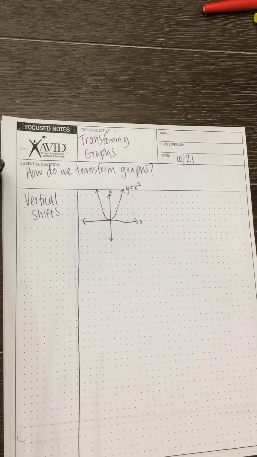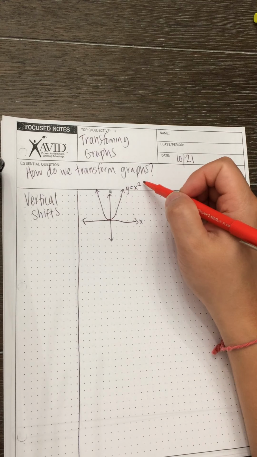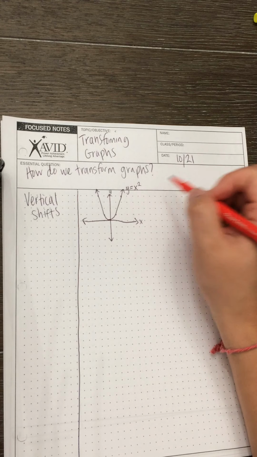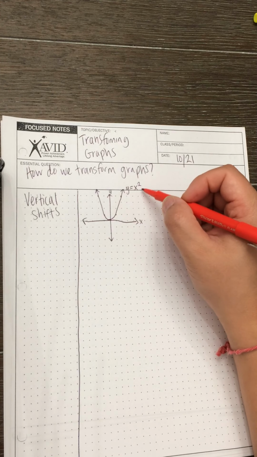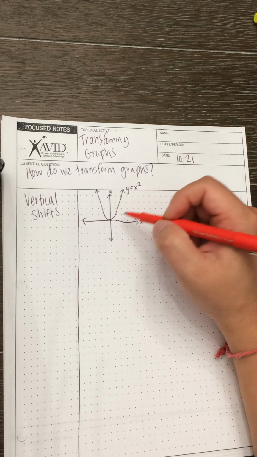So how do we make this graph shift up? And does it sound really familiar? If we add anything to x squared, like plus 2, plus 4, plus 5, it's going to make it go up, right? Because whatever value we get here, if we add 1, 2, or 3, it'll move it up.